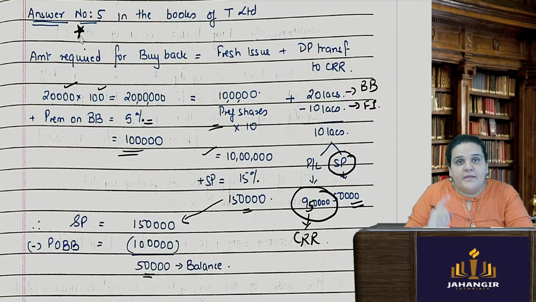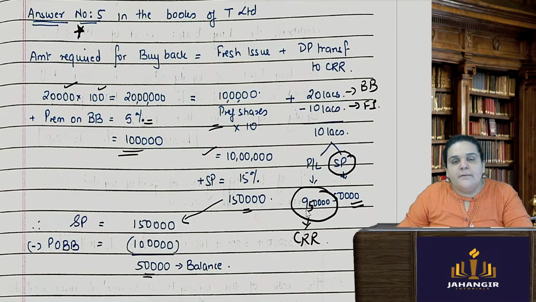All these sums are very, very important. Understand, for buyback we always use securities premium. If it is there, first try to adjust securities premium with premium on buyback. If there is a balance left in that, then you can use it for this particular DP transfer to CRR. Reduce it to the extent of securities premium you have.